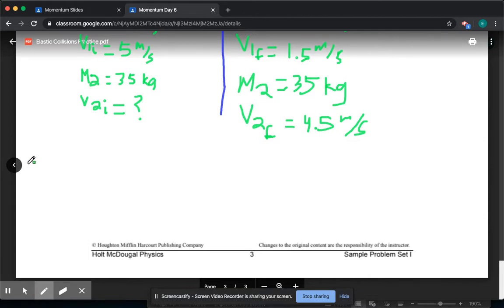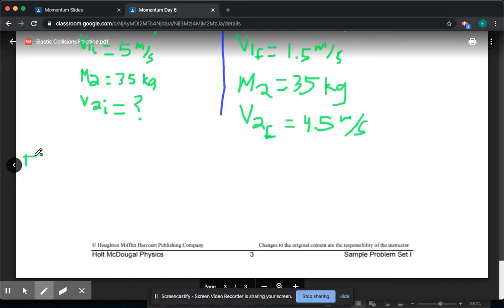So, let's write out our momentum equation. This is again going to be your final momentum and your initial momentum. Let me label that again, starting from the beginning, same way as with the other problems.